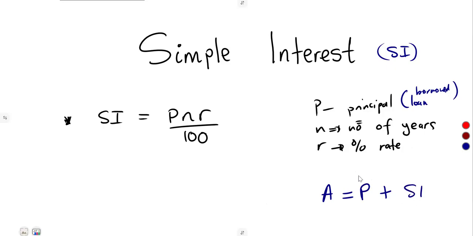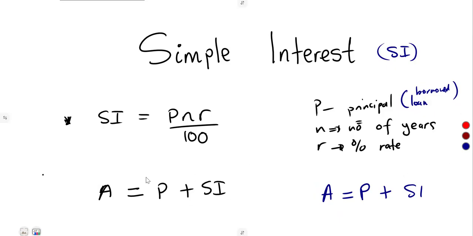So the amount that you get after the number of years that you're going to pay will consist of the principal plus the simple interest. Therefore, the accumulated amount is equal to the principal plus the simple interest.